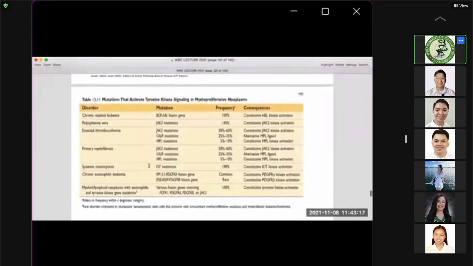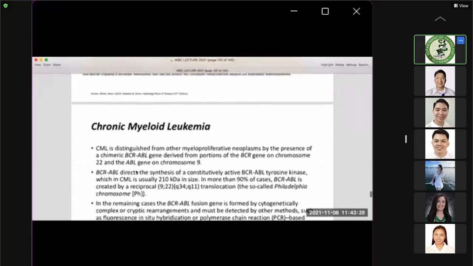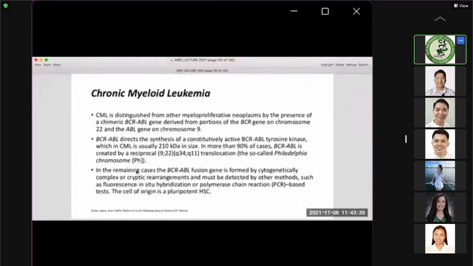So we have here the different types of mutations, the consequences, and the specific disorders. Okay, CML. In CML, there is presence of this gene derived from portions of the BCR gene on chromosome 22 and ABL gene on chromosome 9.